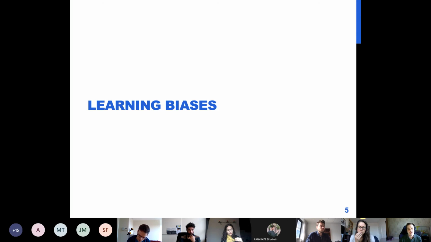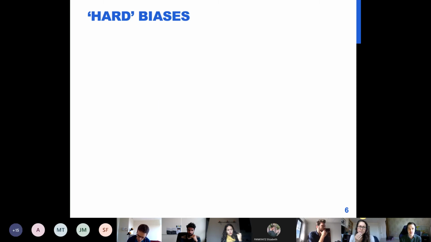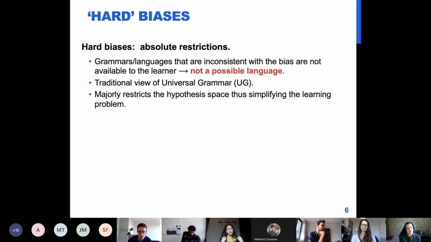One thing that I think is useful to think about when you're talking about artificial language experiments is different kinds of biases. Depending on your background, this may or may not be unusual for you to think about in this way, but we can define both hard biases and soft biases. A hard bias would be something like an absolute restriction. If you have a grammar or a language that's not consistent with that bias, then it's not at all available to the learner.